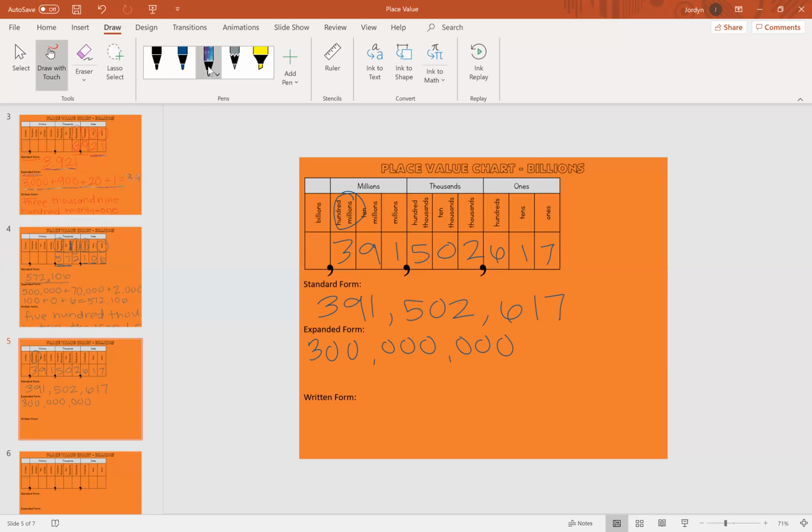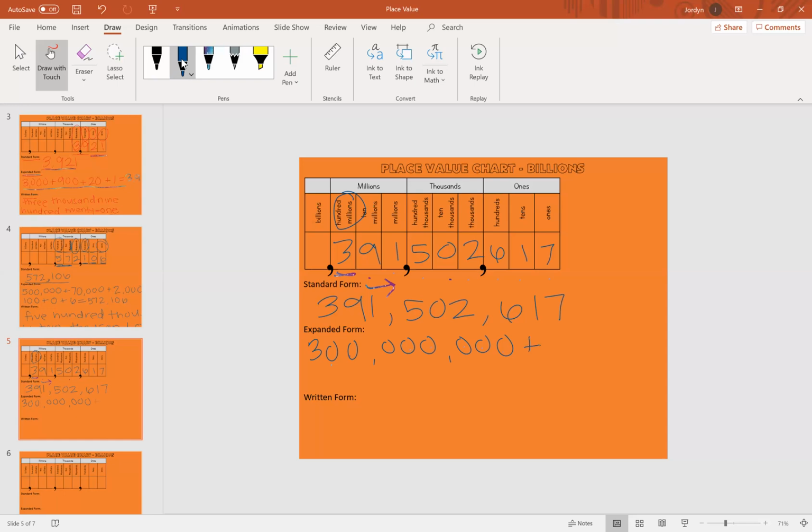Well, the 3 is here in the 100 millions. You will put however many place values to the right you have. So there's 1, 2, 3, 4, 5, 6, 7, 8 zeros. Very nice. All right, we add.